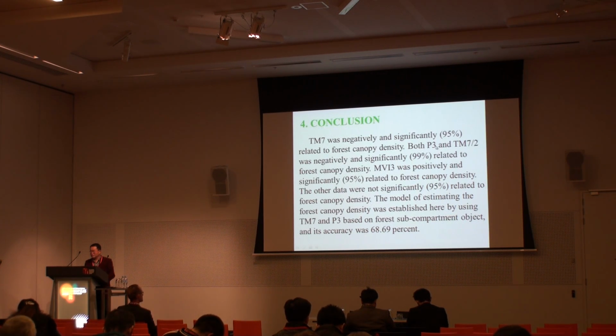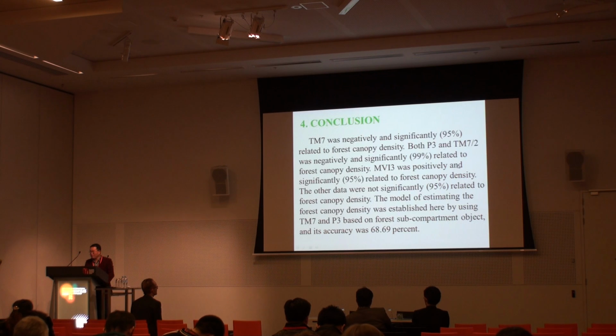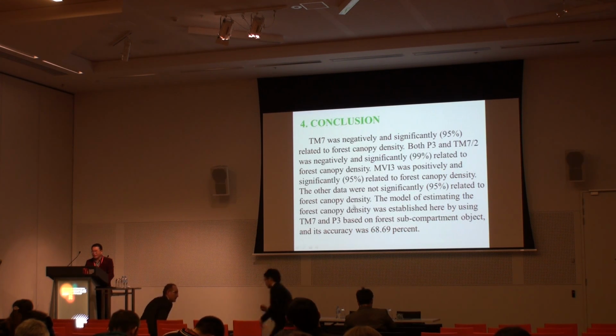Both the third principal component and this one were negative and significantly related to forest canopy density. This vegetation index was positive and significantly related to forest canopy density. The other data and other features were not significantly related to forest canopy density.